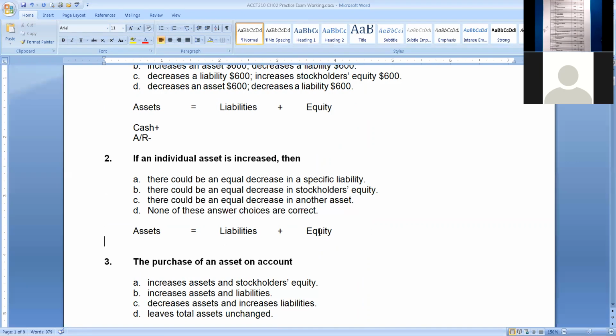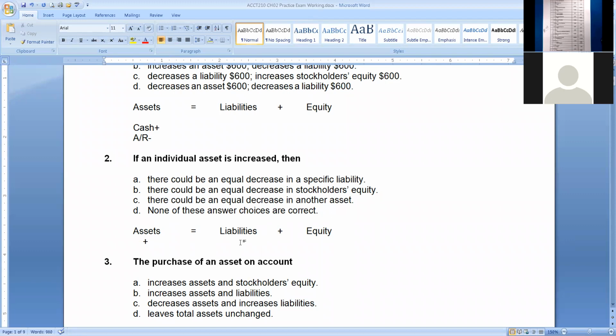If an individual asset increased, so if something went up here, then these two sides have to equal, right? So A, there could be a decrease in a specific liability.